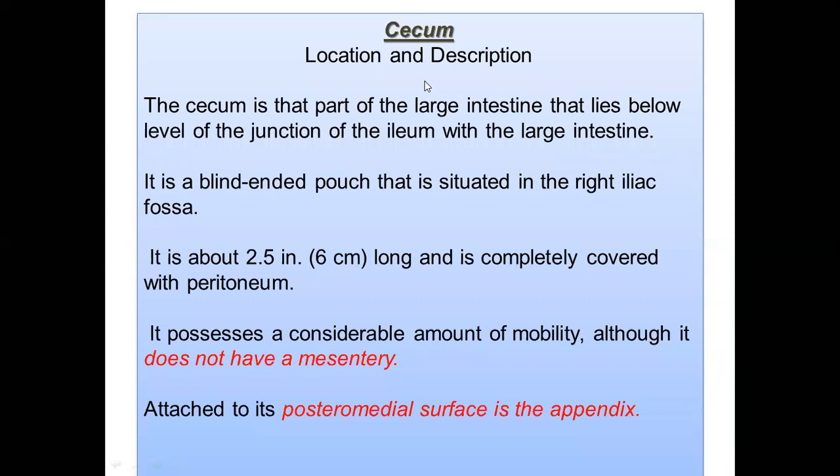No one would like to tell me? Any guesses from your side? So basically the cecum is an organ which has no mesentery, and it's retroperitoneal.